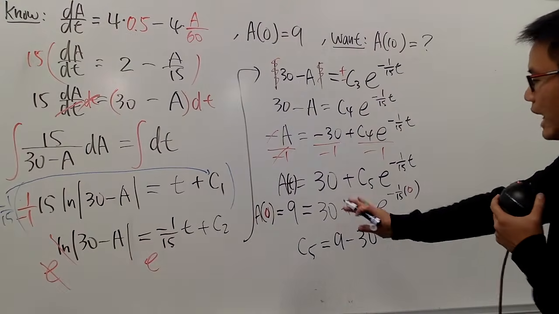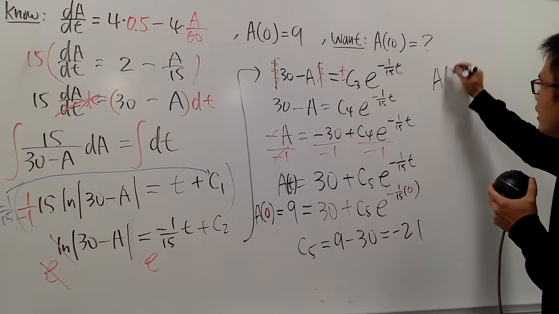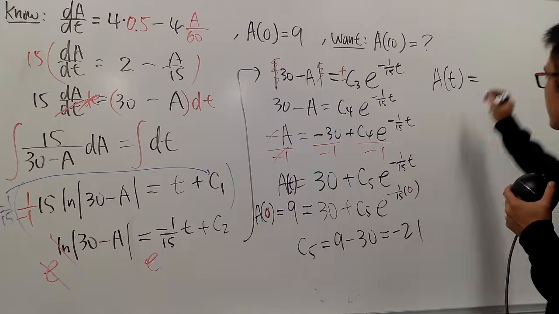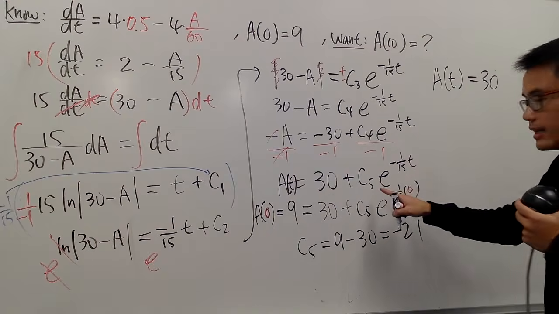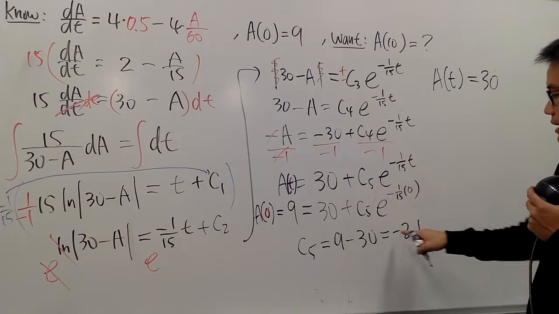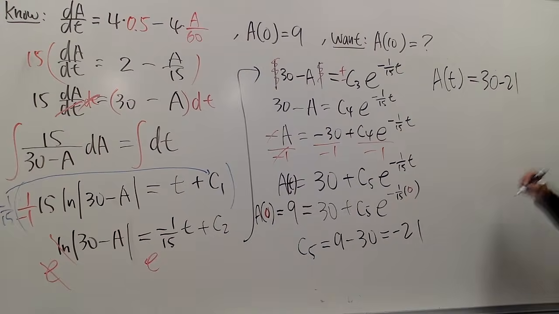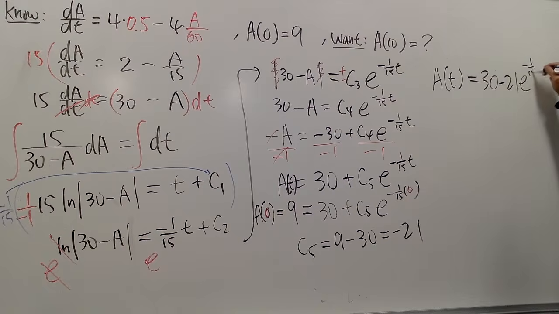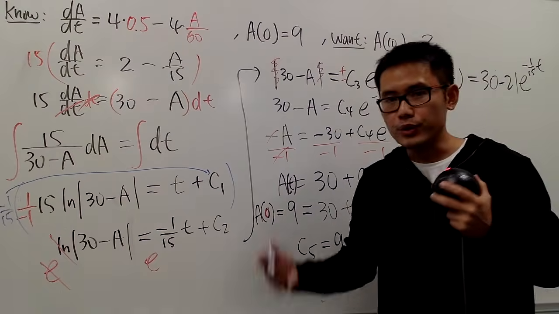And finally, we have our equation. a of t is equal to 30, and the c5 is negative 21, so we'll write it down as minus 21 times e to the negative 1 over 15 t, like this. At the end, what do we do?